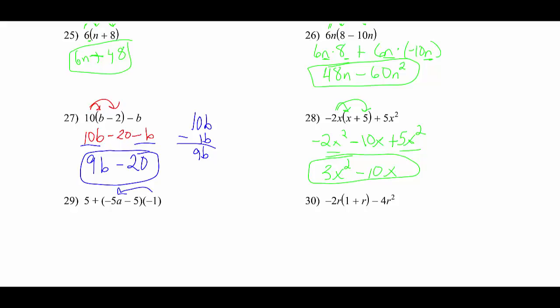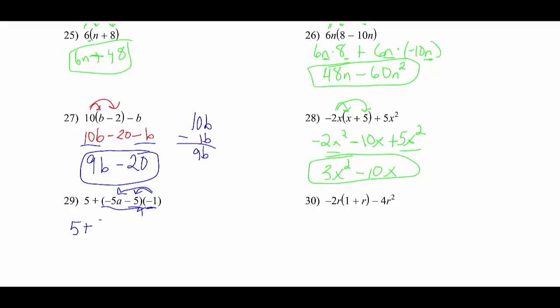Now, even though the negative 1 is at the end of the parentheses, what matters here is that between these two things, there's not an operation. We just have these parentheses meeting, and that means this is multiplication. So we're going to distribute a negative 1 into this parentheses. That means this 5 in front is still going to be in front. We're going to do negative 5a times negative 1, which is a positive 5a.